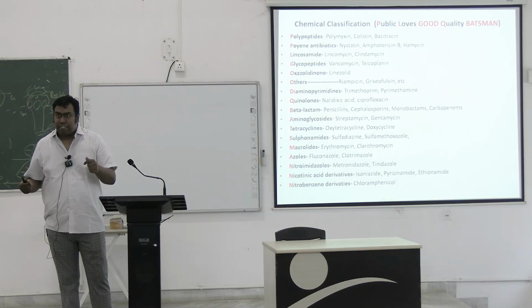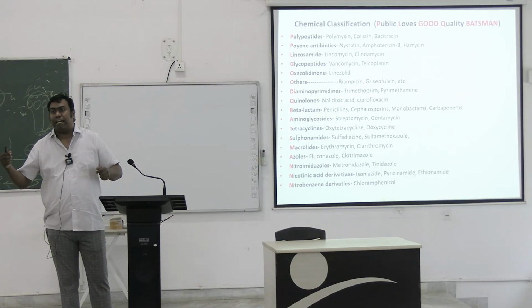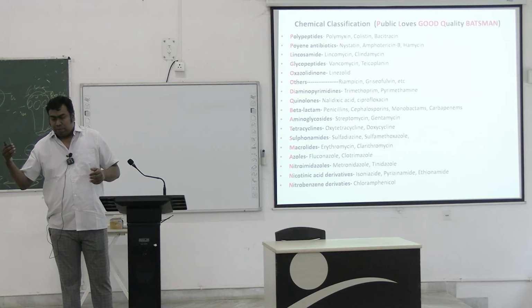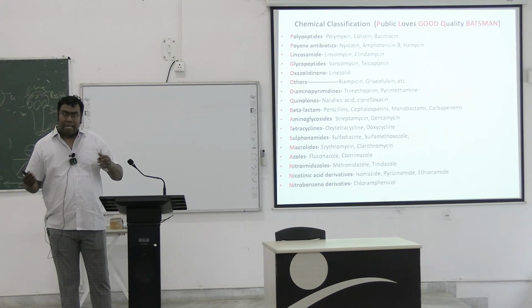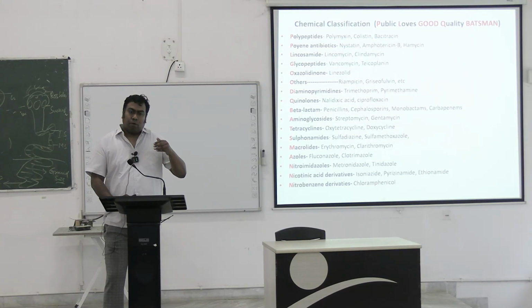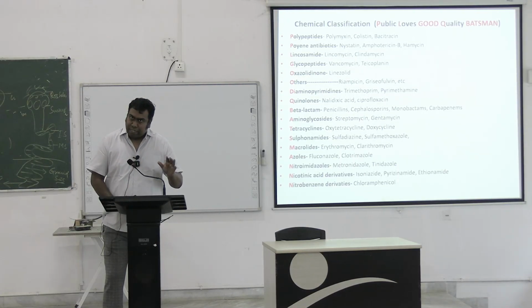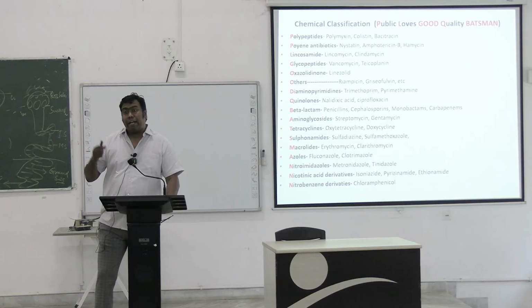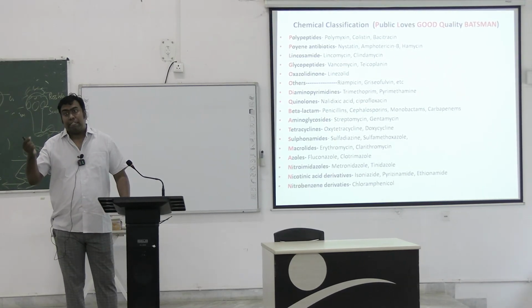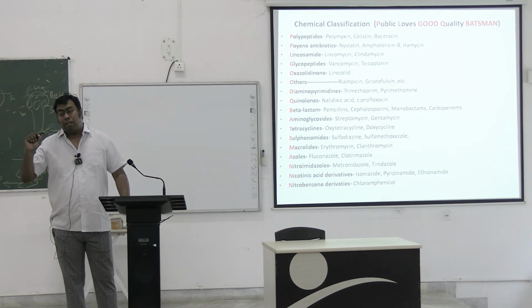Whereas in idiosyncratic, depending upon the genetics of the patient, it can cause bone marrow depression even in a very small dose in some patients, whereas even in a higher dose, it does not produce bone marrow depression in other patients.